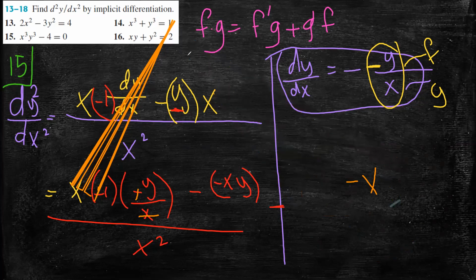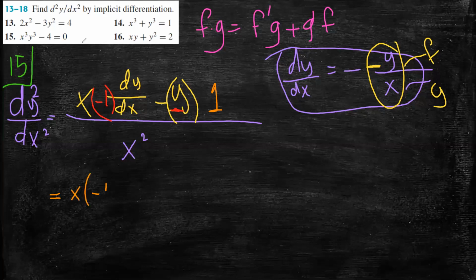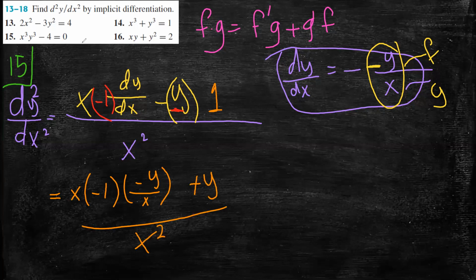Yes. So it is x times negative 1 times negative y over x, which is dy over dx, plus y over x squared.